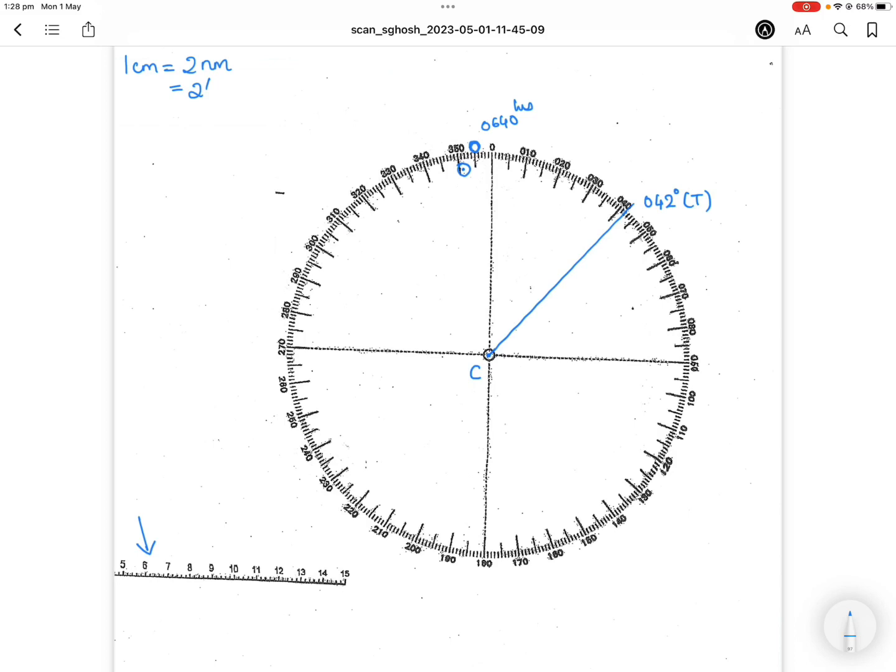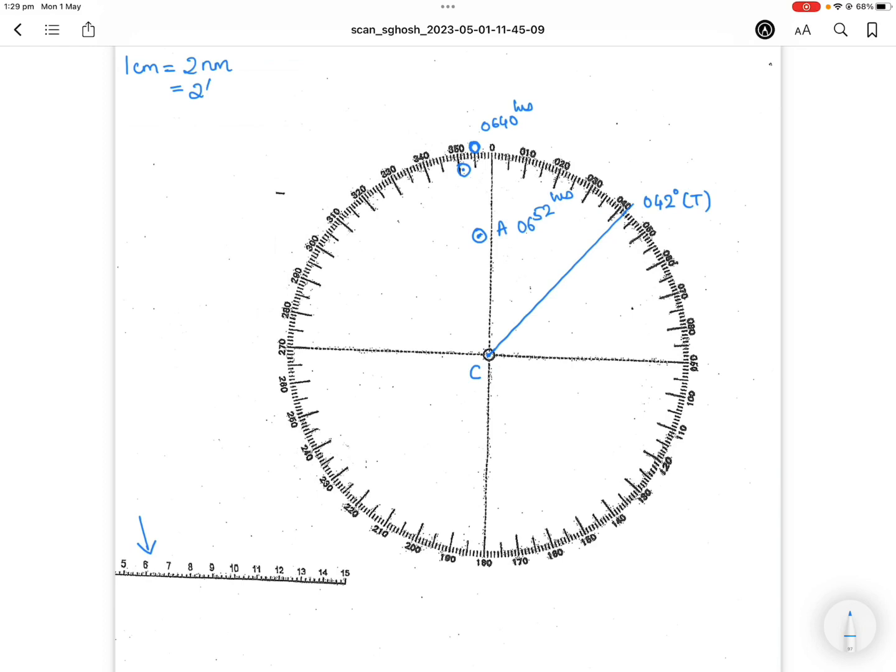All right, so I'm going to measure out 3.55. So I've got 2 and 3. This I will call A. So what I have done is that I have plotted 0640 and this is 0652 hours. So I have plotted OA.